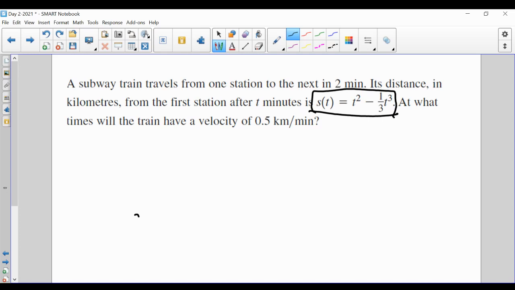So now we can come up with a derivative function, which would be your velocity function, if you think about it. This therefore suggests that what I want is an S prime of t function, which is going to give me velocity at various points.